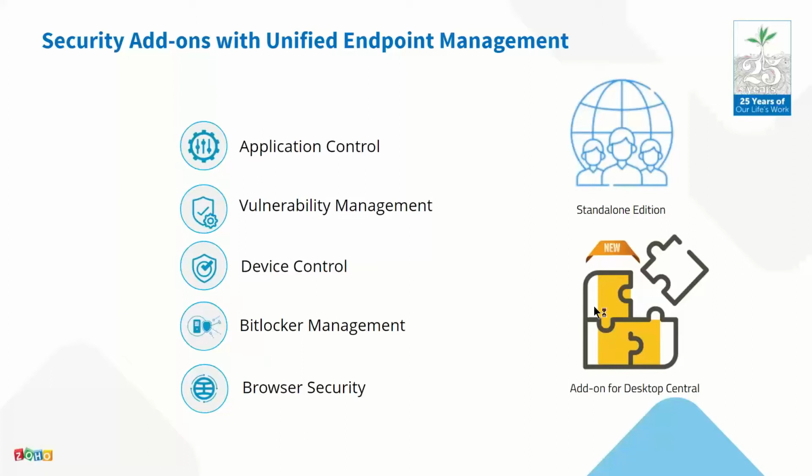All these are available as separate standalone products. And also, if you want it as a whole suite, that's available as the security add-on. BitLocker management is available only as an add-on for Desktop Central. So if you go for the security add-ons all together as one suite, you get BitLocker management along with that too. So that's the clarity you need on how the security add-on is available with unified endpoint management.